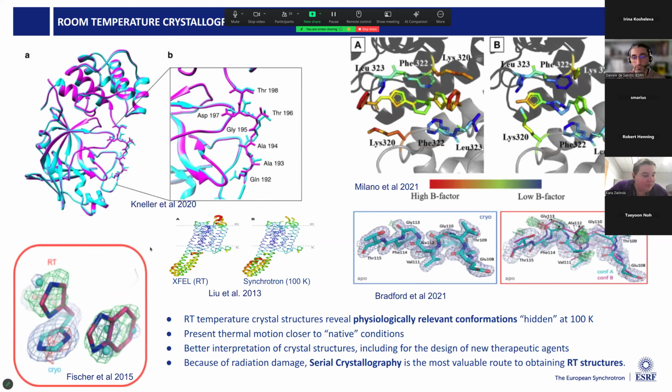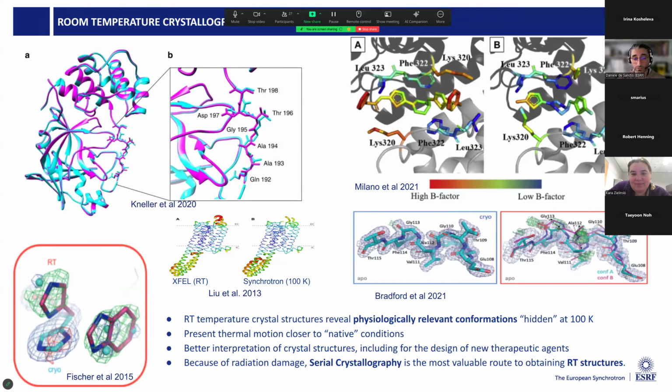So of course, one of the initial goals for constructing the D29 beamline was to resume and revamp the use of room temperature crystallography, which, as we all know, is better suited to reveal physiologically relevant conformations, which can usually be hidden when working at cryo temperature.